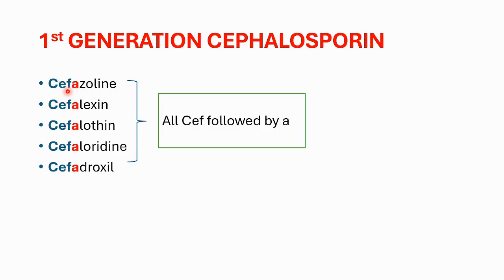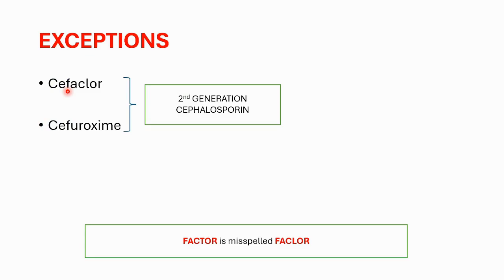But medicine always has exceptions, right? And remember, those exceptions were represented by the bold letters C, L, P and R, in which the C stands for cefaclor and cefuroxime. So though cefaclor has CEF and is followed by A, it doesn't fall in first generation cephalosporin, but it falls under second generation cephalosporin. And our other C was cefuroxime.